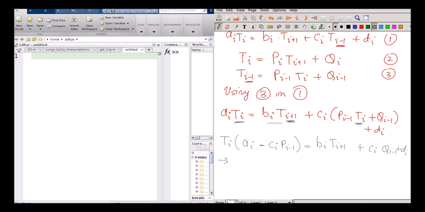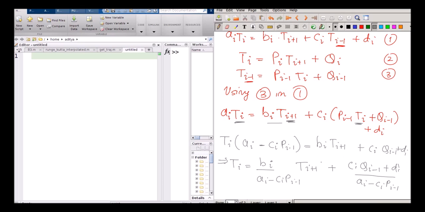And then in the end I obtain Ti is equal to Bi by Ai minus Ci Pi minus 1 Ti plus 1 plus Ci Qi minus 1 plus Di by Ai minus Ci Pi minus 1.